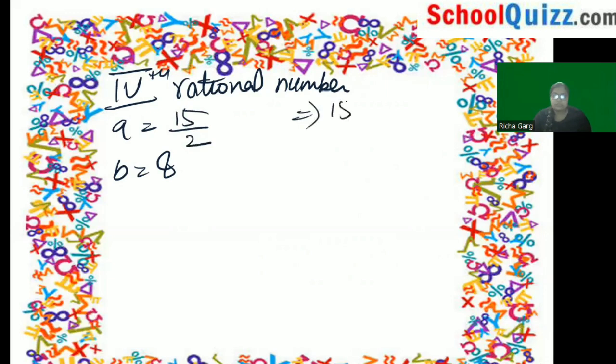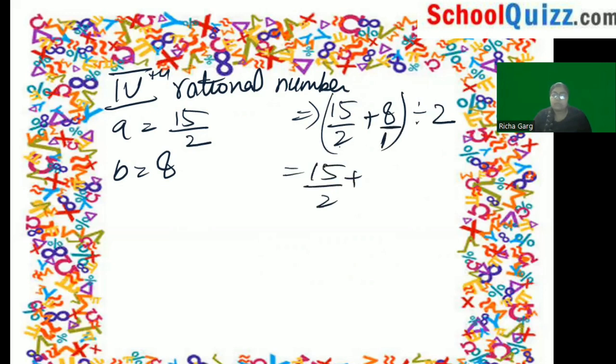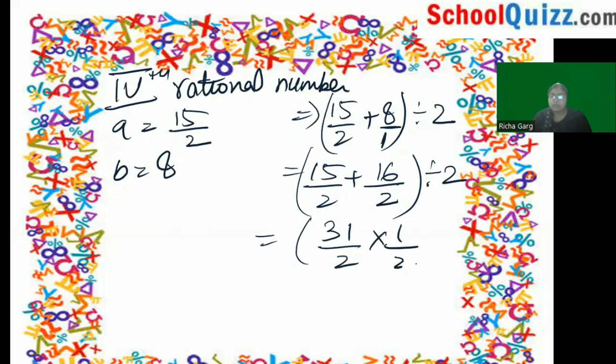Let's calculate (15 upon 2 plus 8) divided by 2. Now 15 upon 2 and 8 upon 1, the LCM of 2 and 1 is 2. So 8 becomes 16 upon 2. I hope you know how to do addition and subtraction problems in rational numbers. We have studied this in 7th and 8th standard. So 15 plus 16 is 31 by 2 multiplied by 1 by 2. It will be 31 by 4.